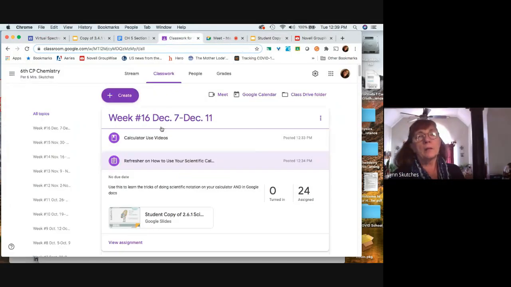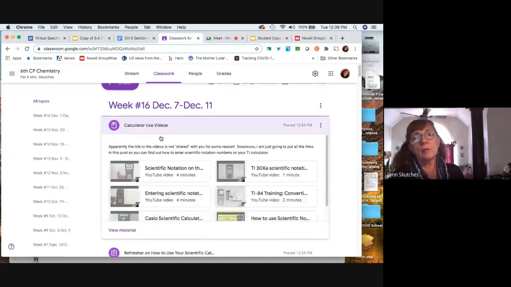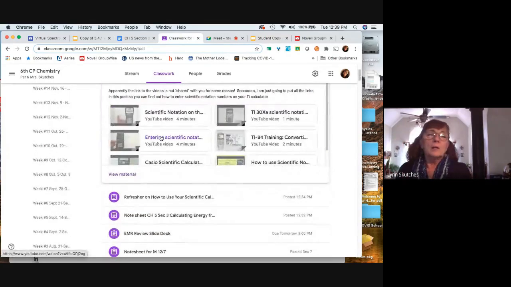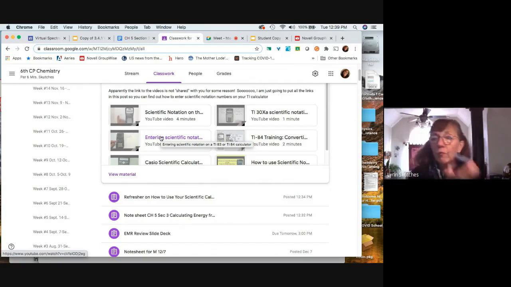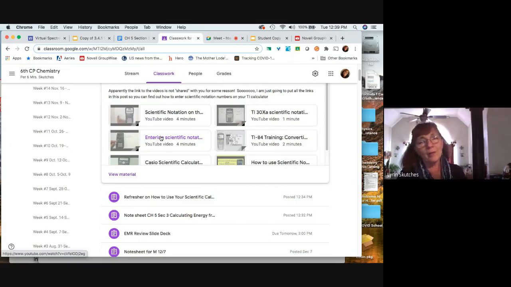Because of that, I put together this great big list of different calculators. Depending on the calculator that you have available to you, and again, you can't use your phones. Yes, there's a scientific calculator on your phone, but you can't use those in my class. Also, when you have to take the SAT, if you end up taking that, or testing in college, they won't let you use your phone because, duh, you can get on the internet.